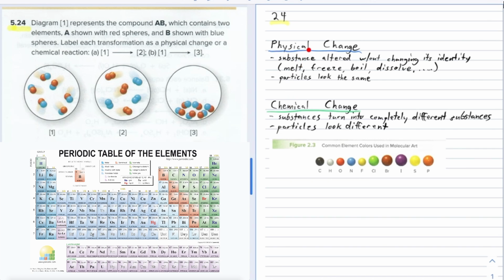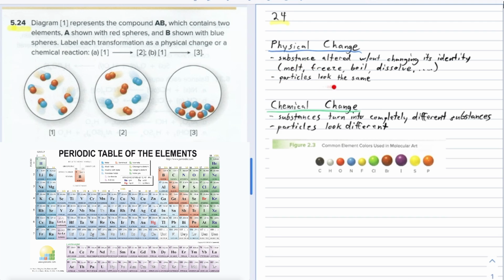Physical changes occur when a substance is altered without changing its identity. Examples of physical changes are melting, freezing, boiling, all the state changes, dissolving even. When you have a physical change, the substance is still the same type of substance, but the particles change their proximity to one another usually.